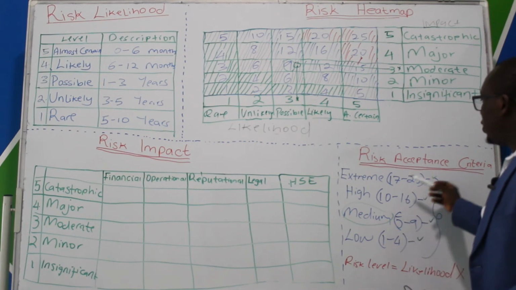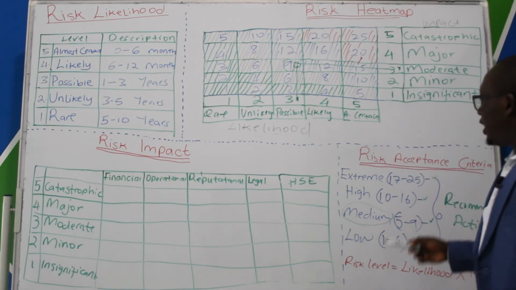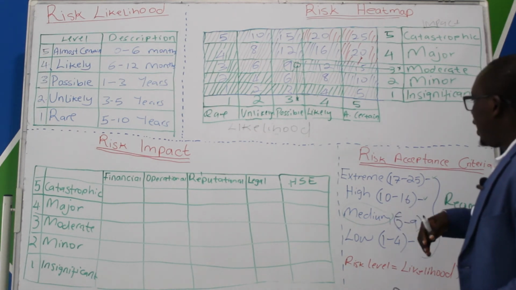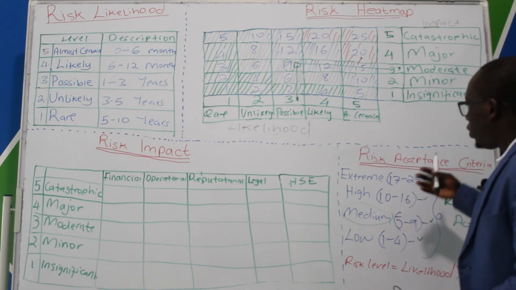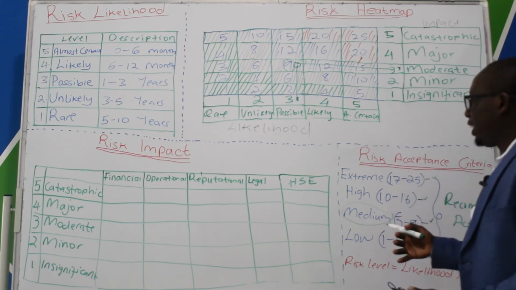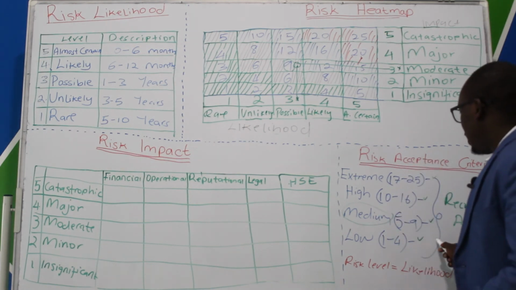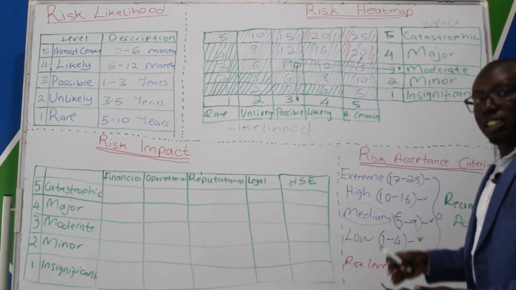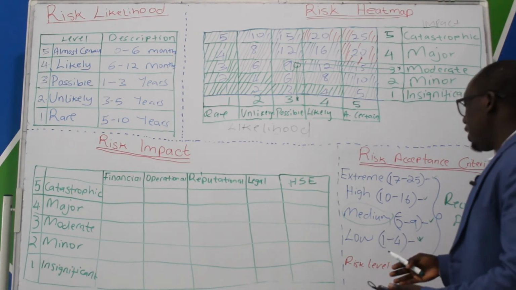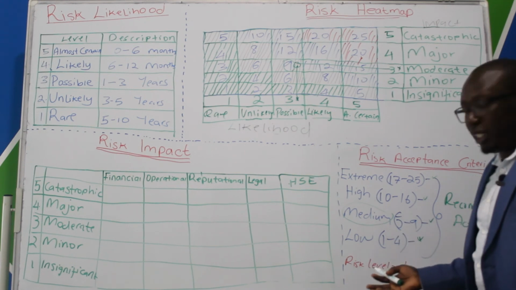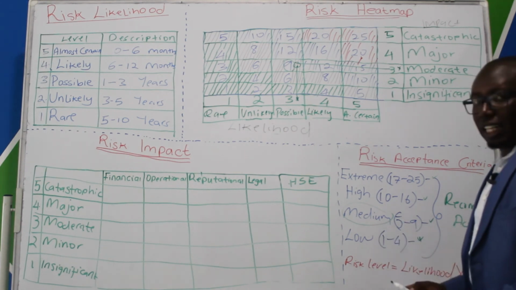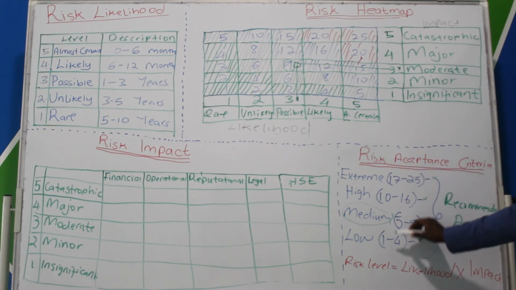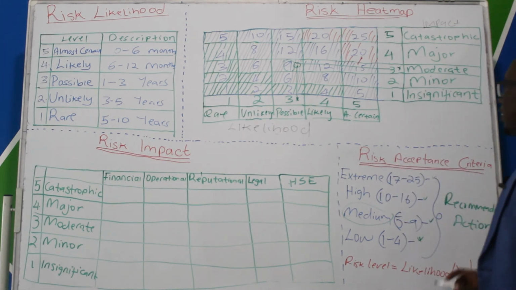When you have an extreme risk, it has to be escalated to top management, top management has to be involved, and it has to be acted on immediately. An example for a low risk could be a risk that we accept, and we don't need to put mitigation measures in place to treat it. You need to come up with a recommended action for all these levels, and that forms your risk acceptance criteria.